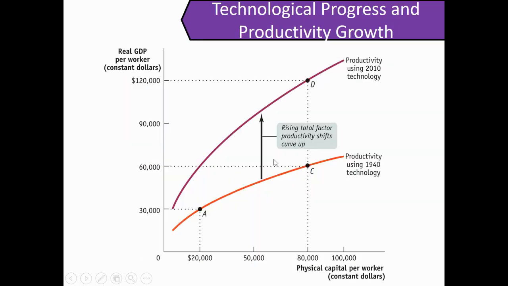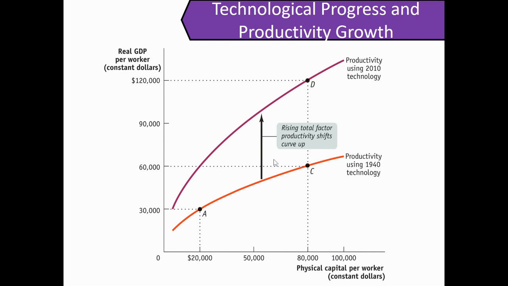So once again, here we see in this graph, we go from the 1940 productivity to 2010. Okay, technological progress shifts the productivity curve upward. Here we're holding human capital per worker fixed. We assume the lower curve reflects technology in the earlier times, and the upper curve reflects more recent, 2010.